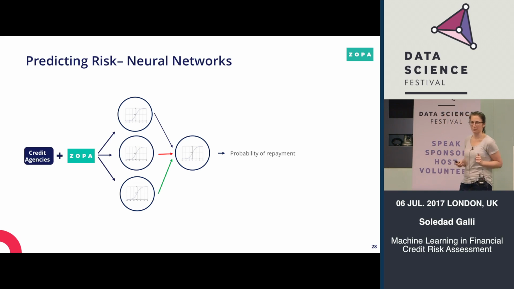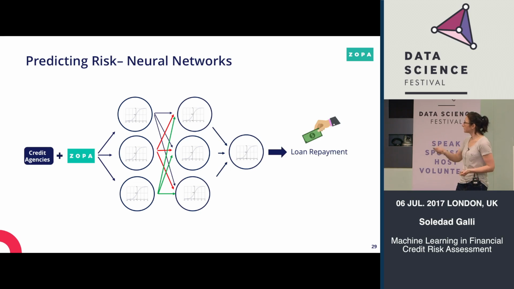The higher the judgment of neuron 1, the more likely the customer is going to repay the loan, and so on for neuron 2 and neuron 3. And then it squeezes the value between 0 and 1 with a logistic transformation. And it passes the judgment onto the third layer in the form of a probability, a value between 0 and 1. And so do the other neurons in the same layer.